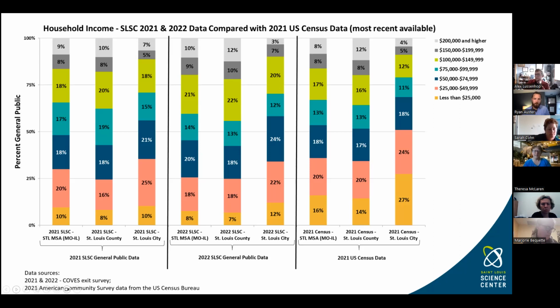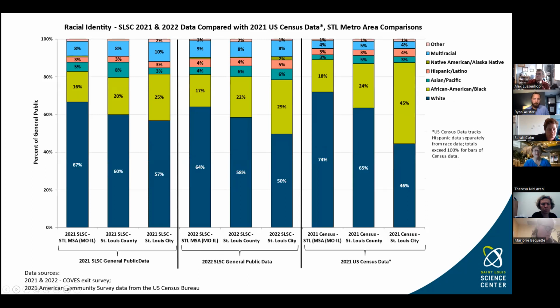And then the last example, if you go to the last slide there, is the racial identity. This one gets a little messier. And so I'll explain how I look at it, because I know Beth does something a little bit different. So that's what's going to be nice about the next little summary. So when I look at the data, I'm doing a couple of things with our COVES data.